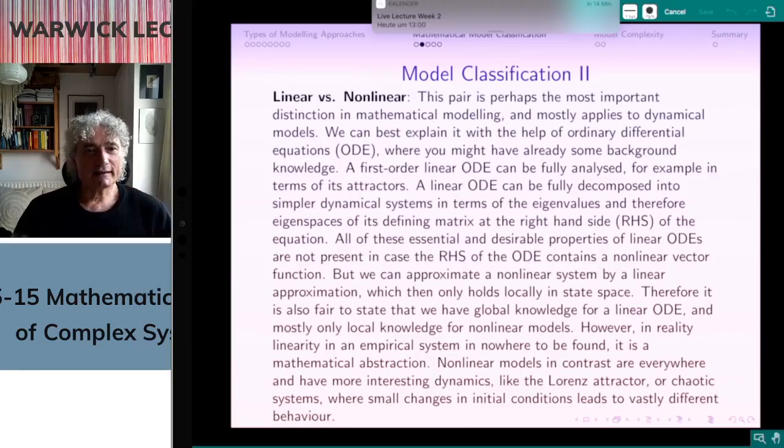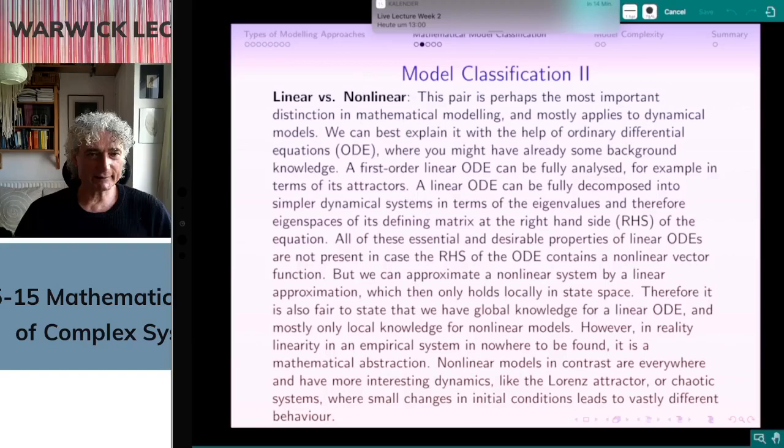For a linear ordinary differential equation, you can construct the whole set of solutions of a set of equations by composing in a linear way the solutions of more elementary equations.